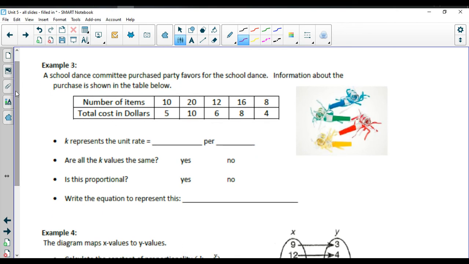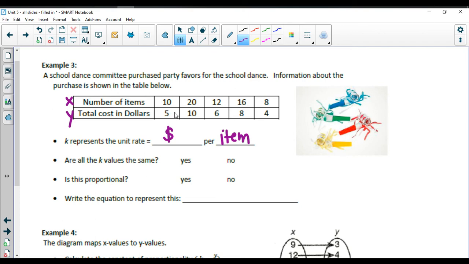For example 3, we have another table here, x on the top, y on the bottom. We're looking at party favors. K represents our unit rate, which would be dollars per item. Our job is to figure out, are all the k values the same? Is it proportional? And if so, write an equation.